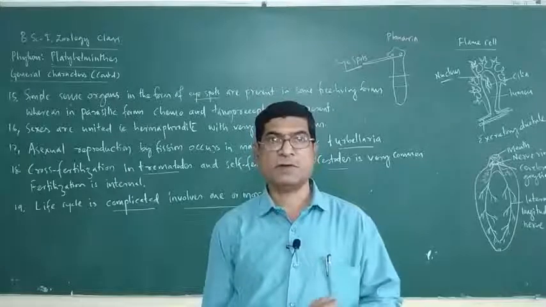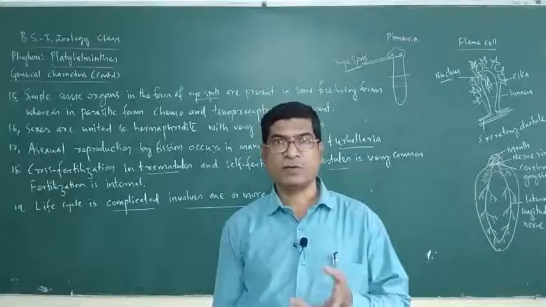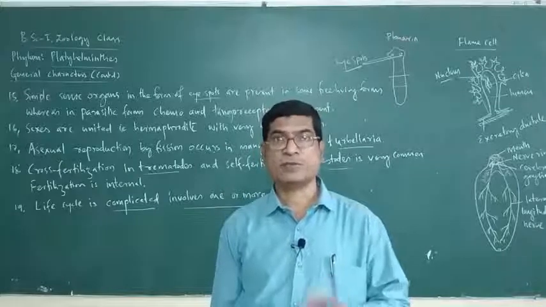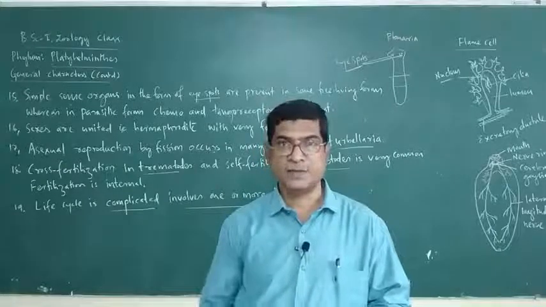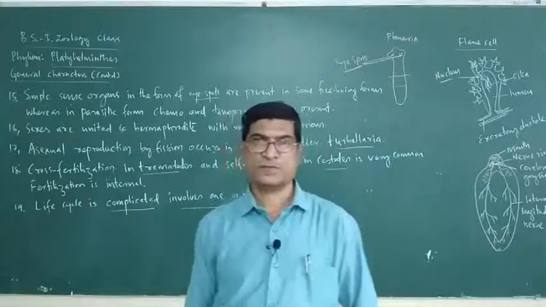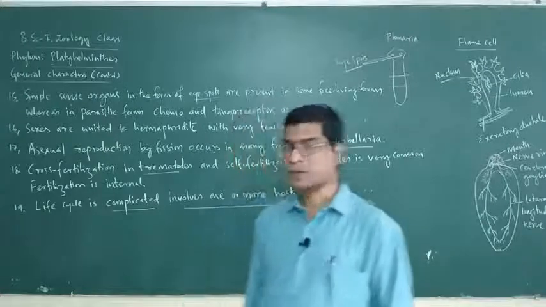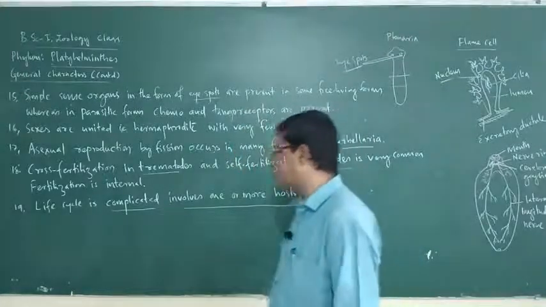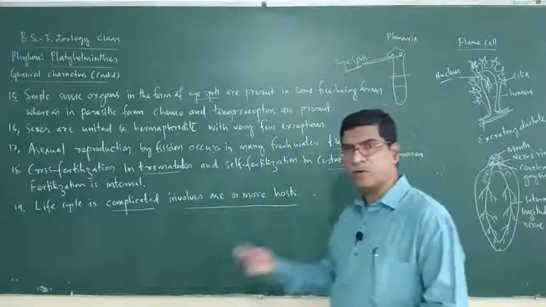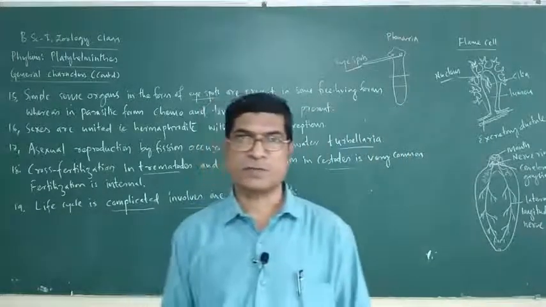Whereas in the case of liver fluke, the primary host is sheep and the secondary host is snail. Thus their life cycle is complicated and involves one or more host animals.